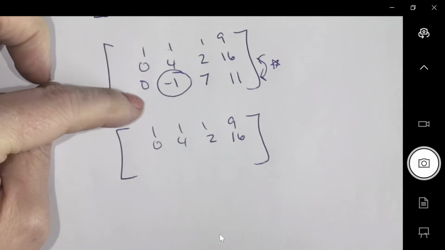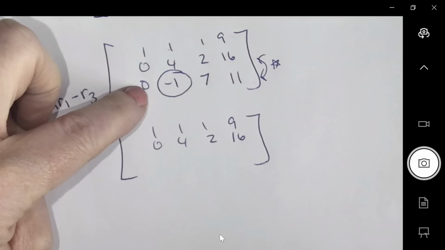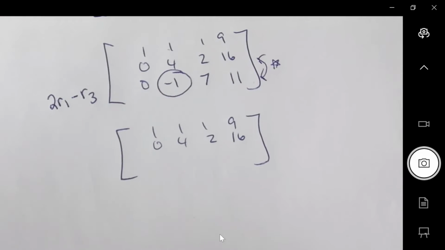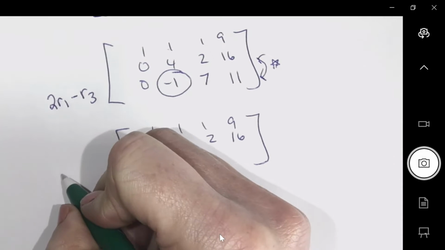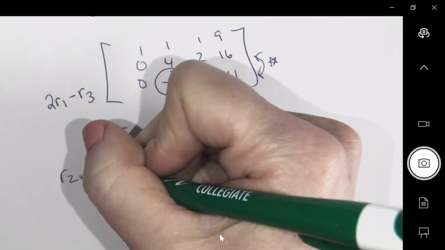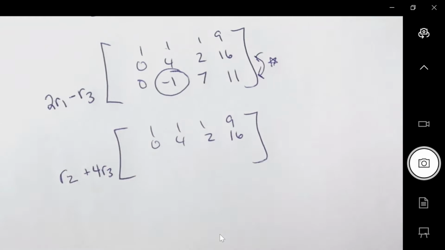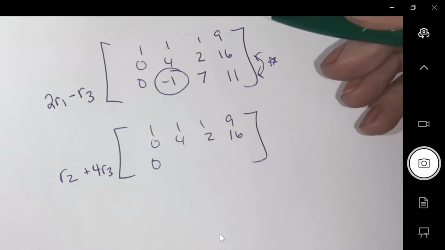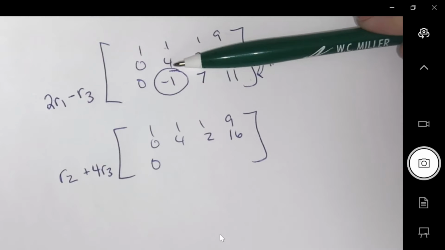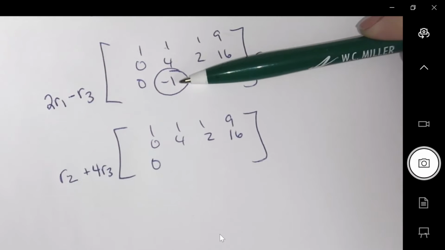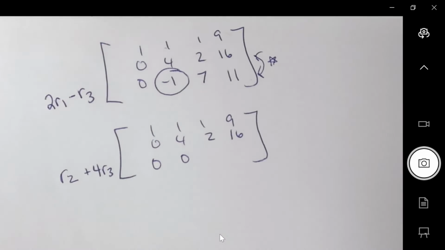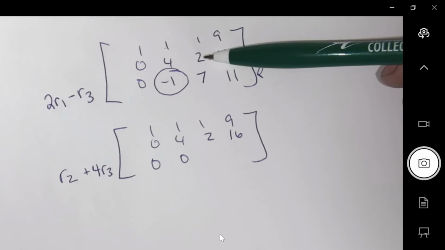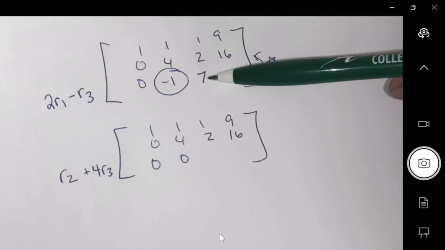Because if you use row 1 in that, this 0's changing back to some number, and I don't want to undo my 0. So I'm going to go row 2 plus 4 row 3s is what's going to get a 0 there. So 0 plus 4 zeros makes 0. 4 plus 4 negative 1s makes 0. 2 plus 28, right?